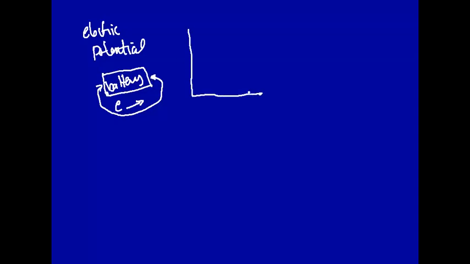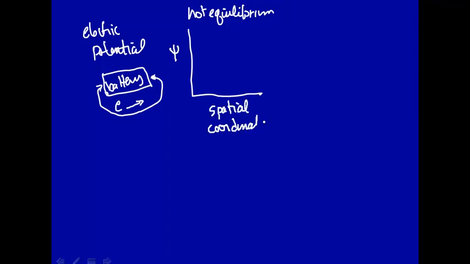So when you're not at equilibrium, if you look at the electric potential, we'll use a simple psi, versus some spatial coordinate, over here you have a high electric potential, and down here you have a low electric potential. Electrons will flow from a region of space where the electric potential is large down to a region where it is low.